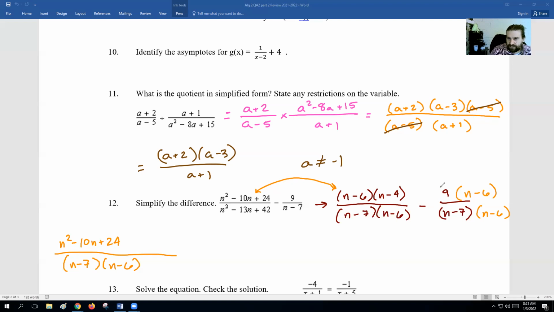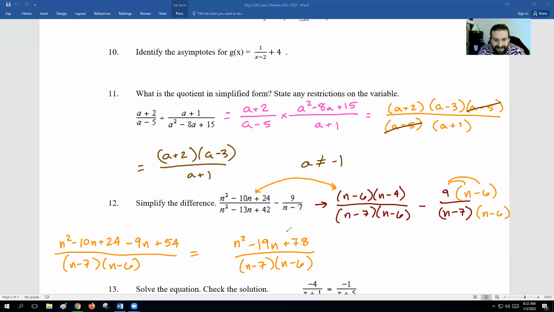Now over here, if we distribute a -9 to the n and the minus 6, we'd have a minus 9n and then a plus 9 times 6, that's 54. So this would be n squared minus 19n plus, what's that, 78 over (n minus 7) times (n minus 6). Then we want to see if anything could factor out here.